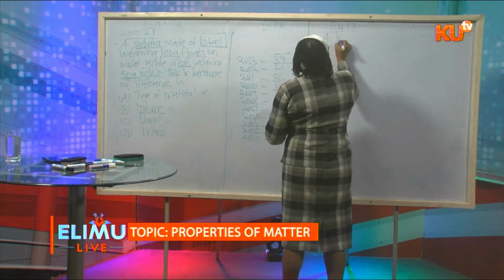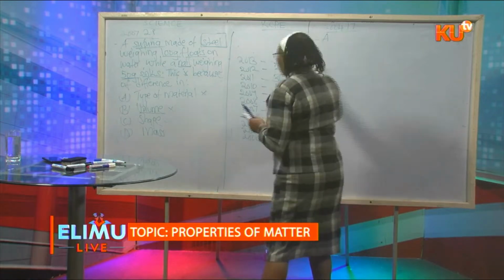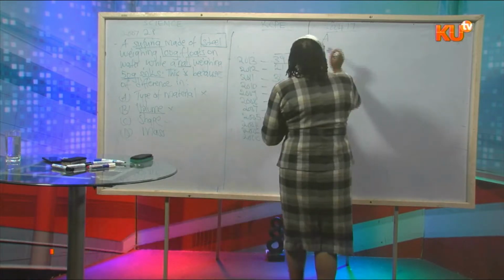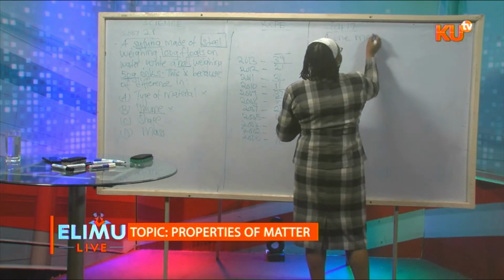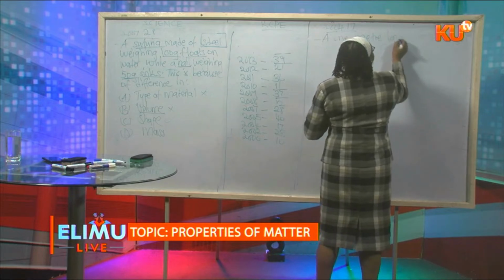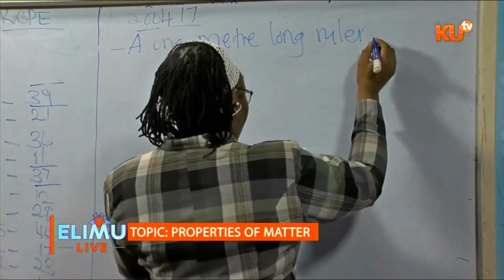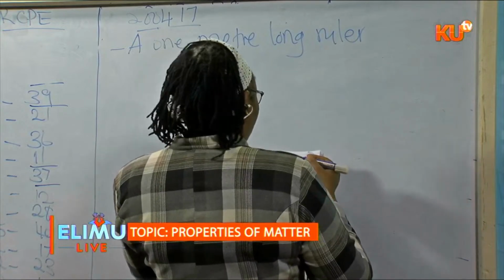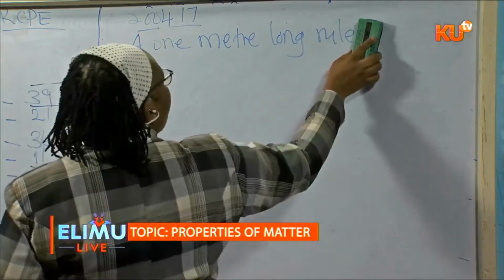The question reads, a 1 meter piece of wood, not a ruler, it is a piece of wood.